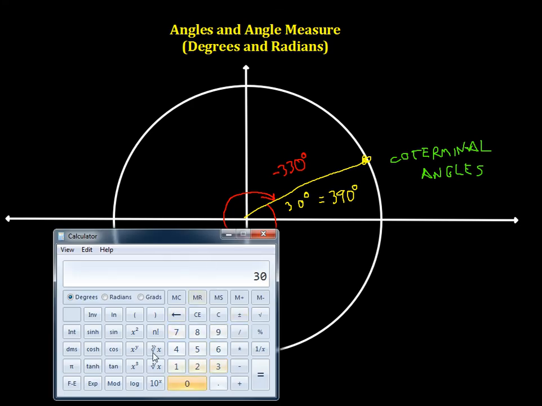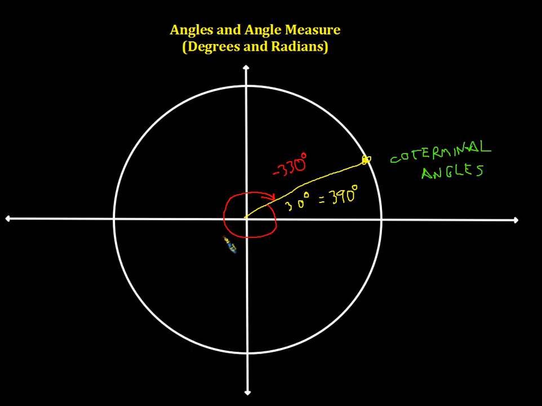So 30 degrees, I'll remind you, the cosine is 0.866. So if we take 330 degrees and make it negative, and then take the cosine, again we get 0.866. So that's pretty cool. Turns out we can do a similar sort of thing with any angle. There are multiple angles that are positive and negative associated with any angle, and they're all called coterminal.